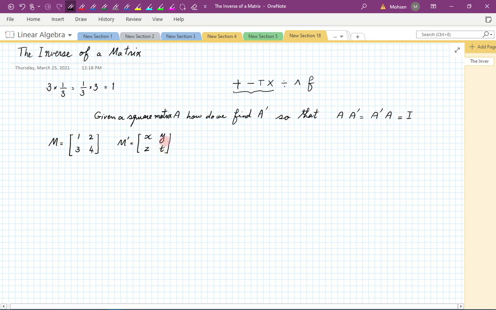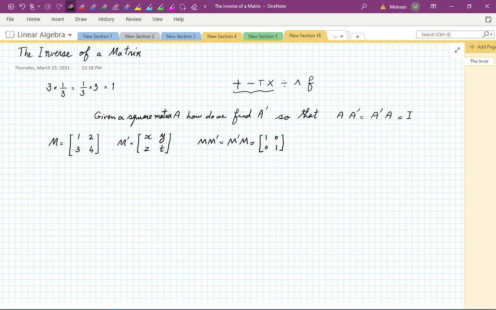We want to arrange these 4 numbers such that M prime M, or M M prime, becomes the identity, which in this case will be the 2 by 2 identity. Well, how do we do that? Amazingly enough, we already have the tools for doing this. I write this times that equal to that. You get a bunch of equations.